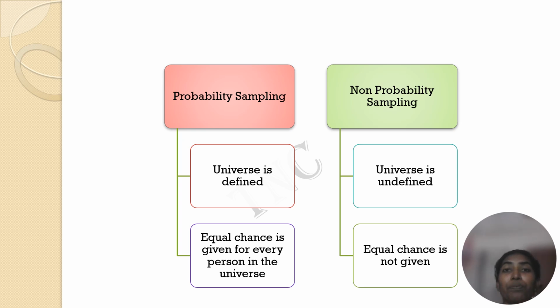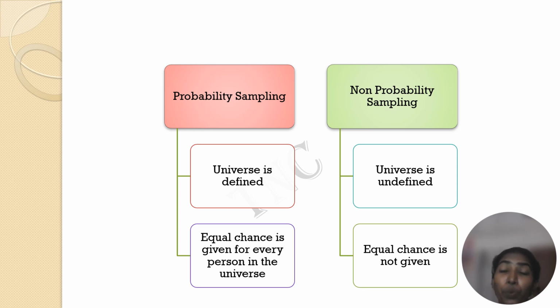For example, if you are doing a research on the topic of manual scavengers, the children of manual scavengers, then you will not be able to find the exact number of the children of manual scavengers. So at that particular time you can adopt any of the non-probability sampling techniques.